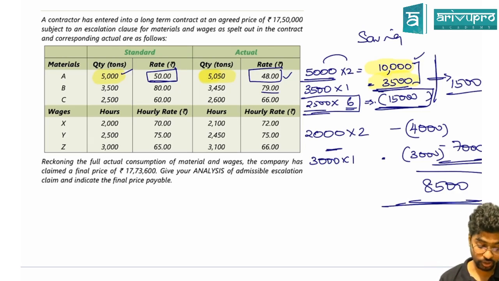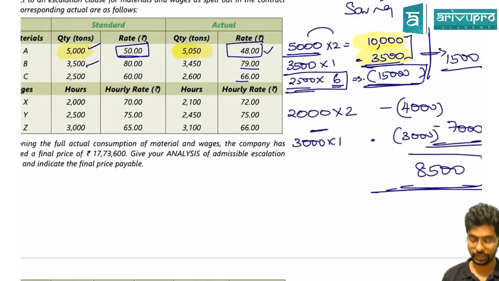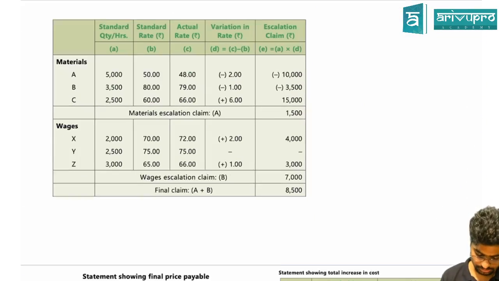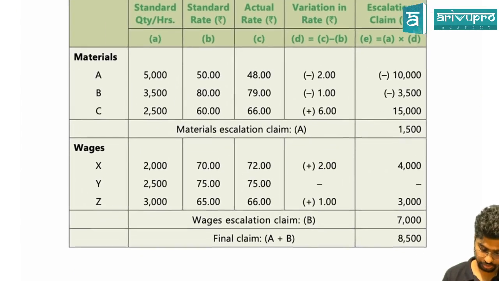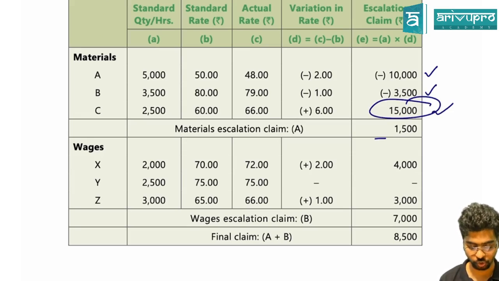Second one, 1 rupee is saved for 3,500. Third case, yeah. So total increase was, see now, this is what we are talking of. First one saving 10,000, second saving 3,500, third one extra cost of 15,000. So totally on the material side, 1,500. Wages 7,000.